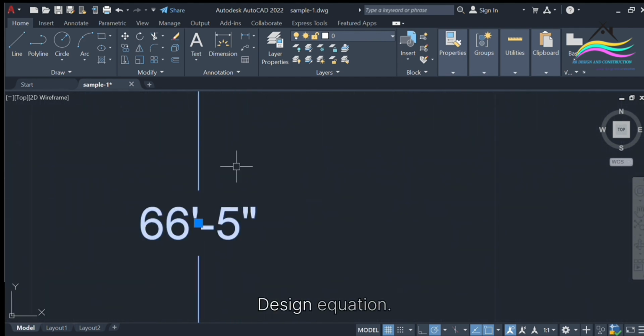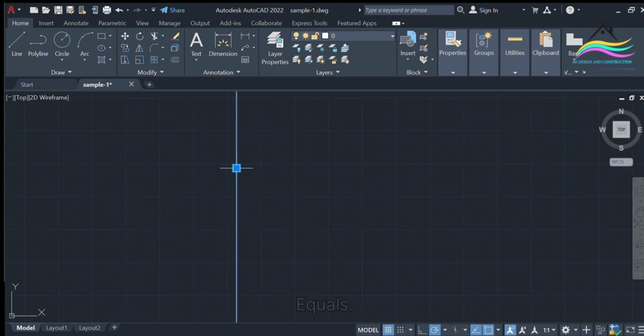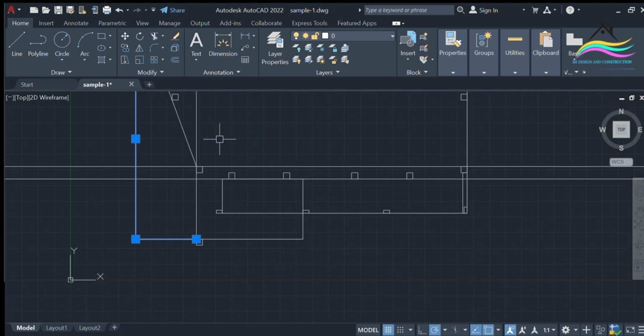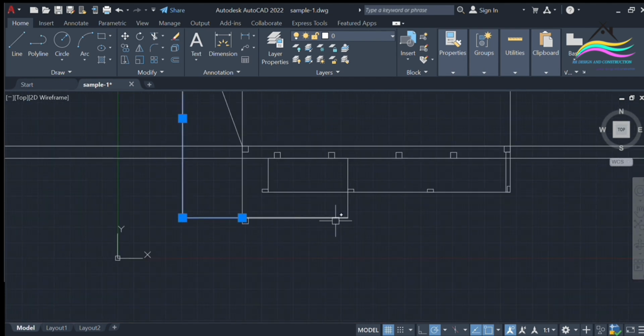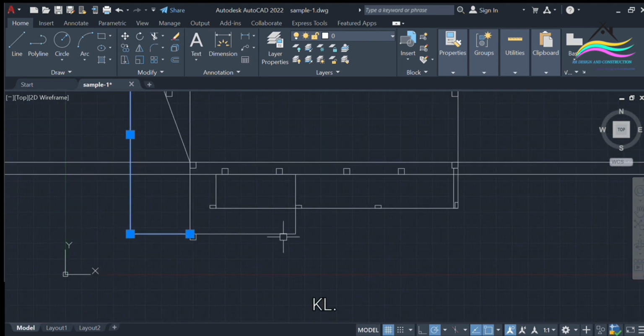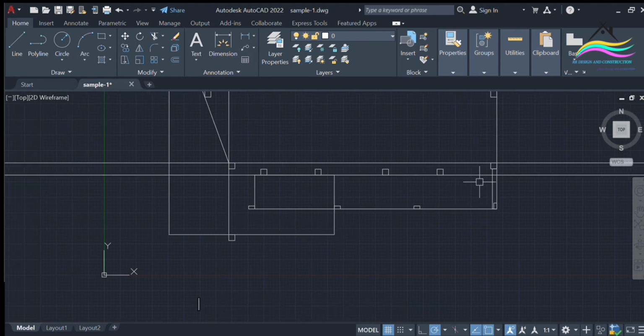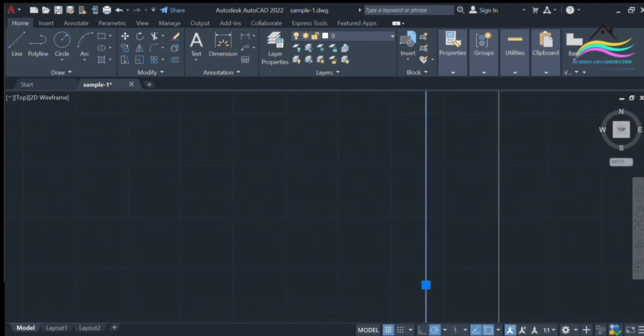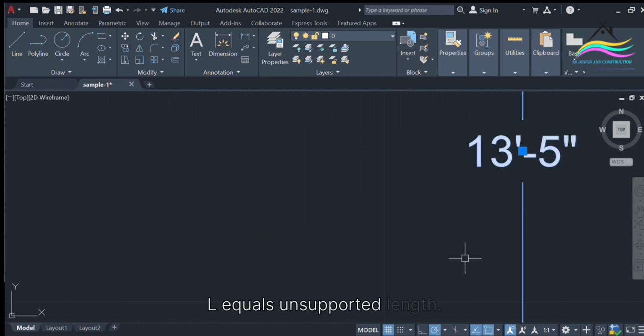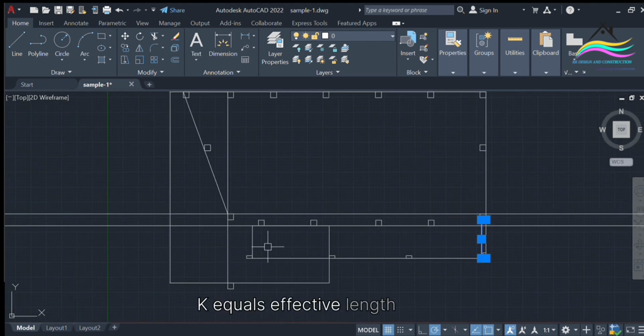Design equation: Euler's formula, Pcr = π²EI / (KL)², where Pcr is the critical load, E is the modulus of elasticity, I is the least moment of inertia, L is the unsupported length, and K is the effective length factor.